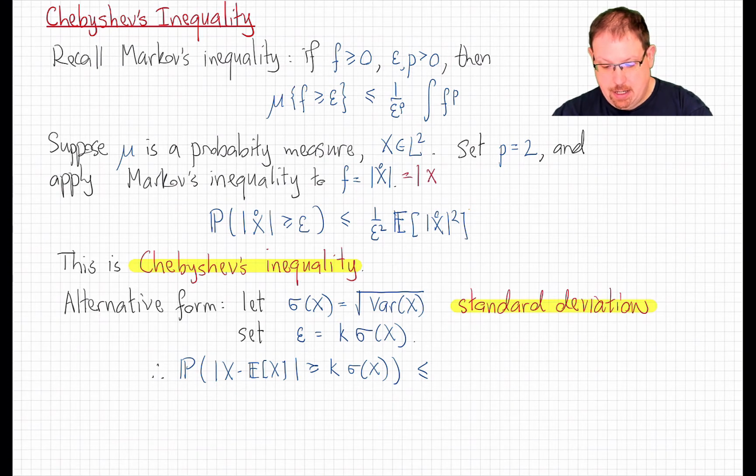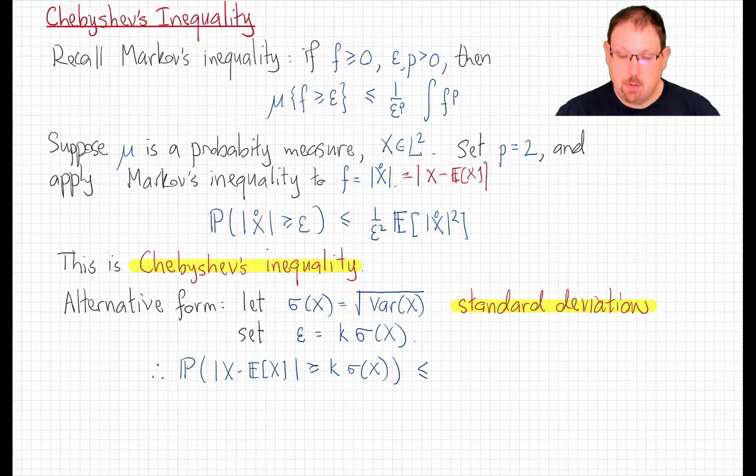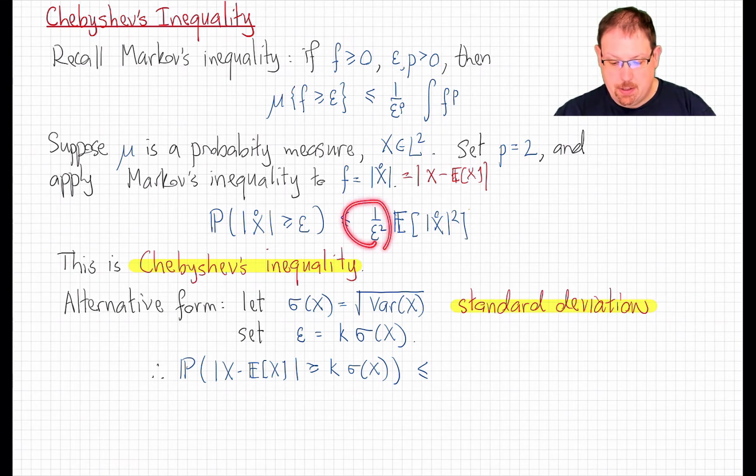That is, again, the absolute value of x minus its expectation, which is finite because x is in L2. Then Markov's inequality, as above, tells us that the probability of the set where the absolute value of centered x is greater than or equal to epsilon is less than or equal to 1 over epsilon squared times the expected value of the square of the centered version of x.